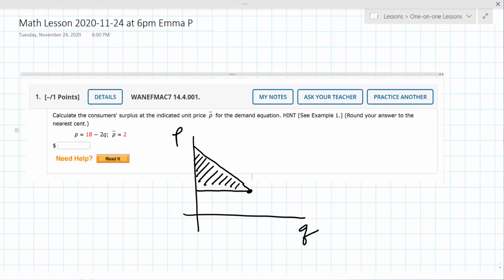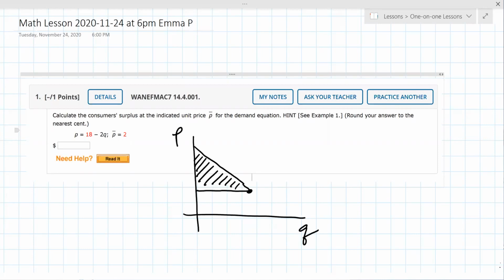Trying to find my resource. Okay, found my resource. Yeah, I gave you the wrong thing here.